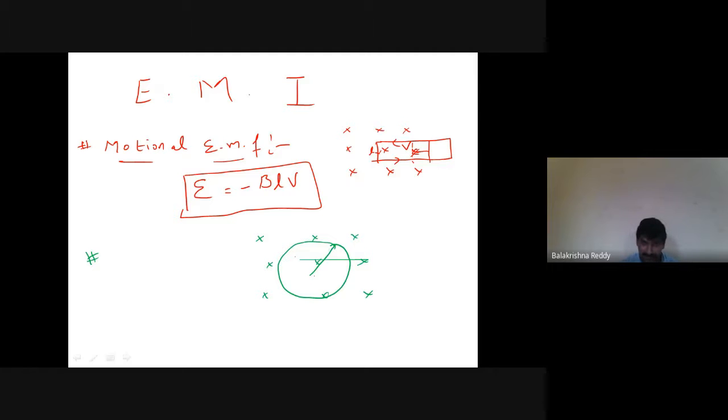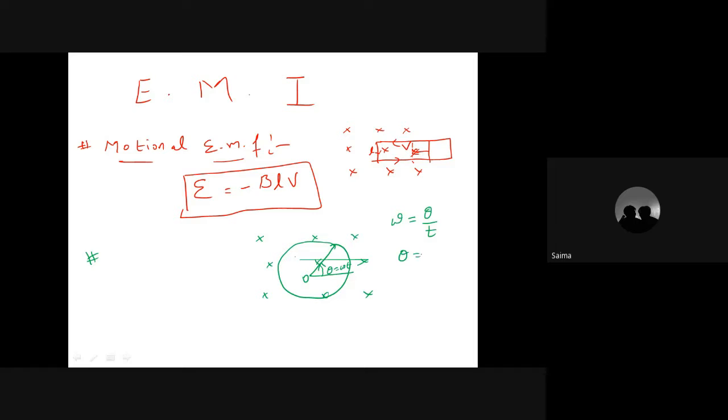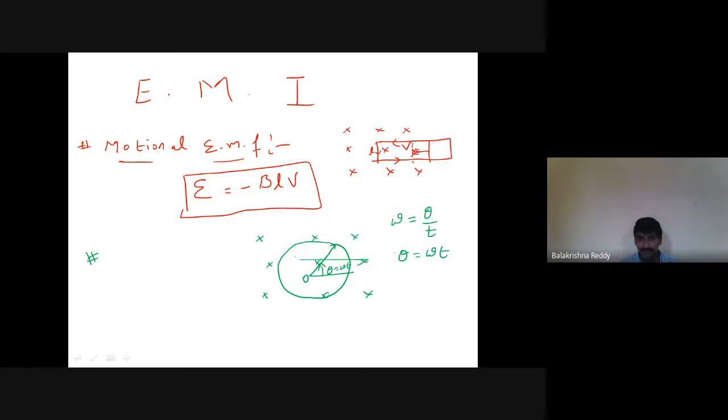Let us say its initial position is O at this point, it has made angular displacement theta equal to omega t. We know that omega is the angular velocity, omega equal to theta by t. Therefore, theta, the angular displacement, equals omega into t. We have learned this in the 11th standard, circular motion as well as rotational motion.